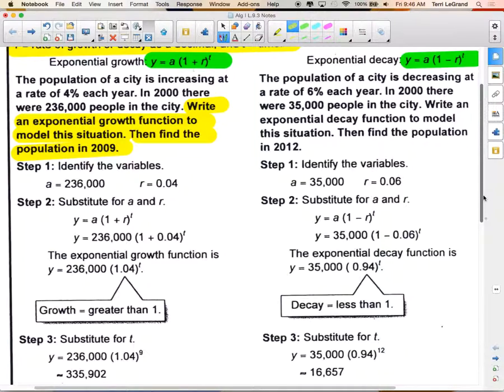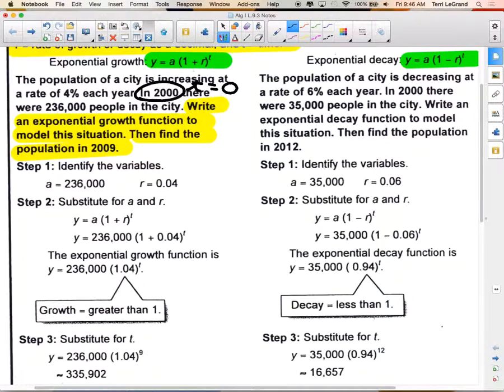In this one, here's an example of an exponential growth. The population of a city is increasing at a rate of 4% each year. In 2000, there were 236,000 people in the city. So in the year 2000, that's like our t value of 0. In fact, let's write that right here. This really means t equals 0.